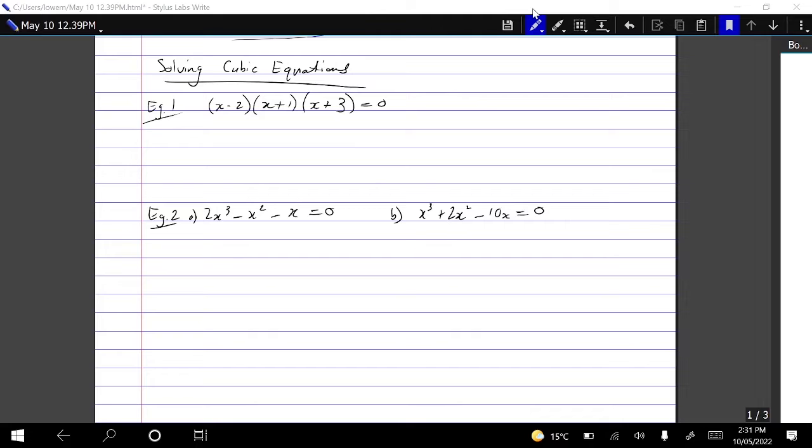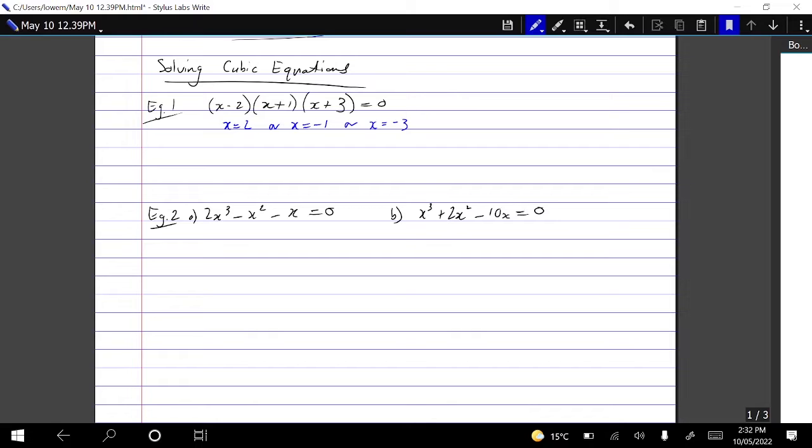So the first example we've got there is, okay, it's already factorised. So we've got our three factors, x minus 2 times x plus 1 times x plus 3. And so if by multiplying them together you get an answer of 0, it must mean, just like with a quadratic that's factorised, that x minus 2 is equal to 0, which would mean x is equal to 2, or in this case x could also be equal to -1, or x is equal to -3.